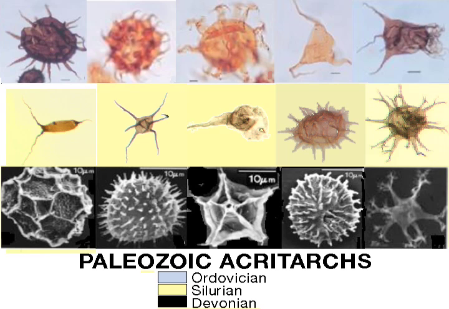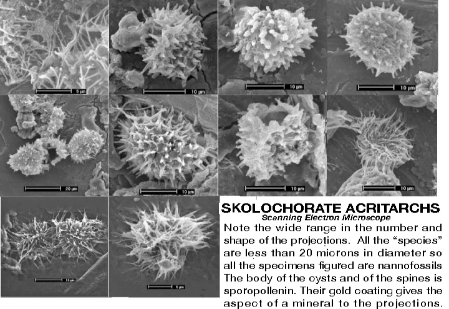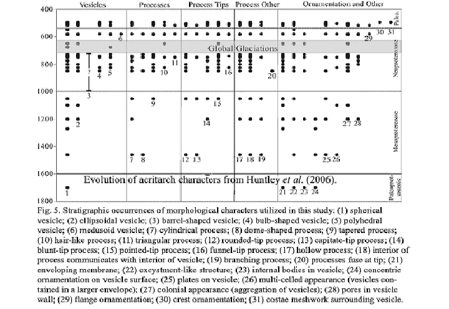In acritarchs, the fatty acid is called sporopollenin. Acritarchs are good markers in Paleozoic strata, but are less used thereafter, although they are still in existence.